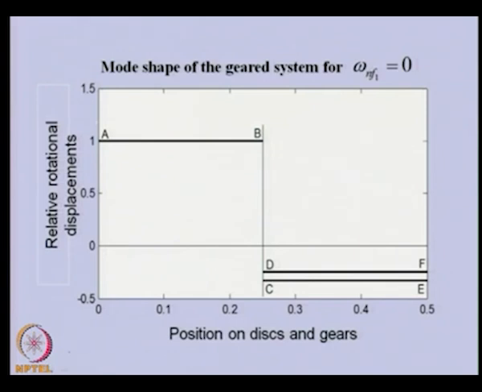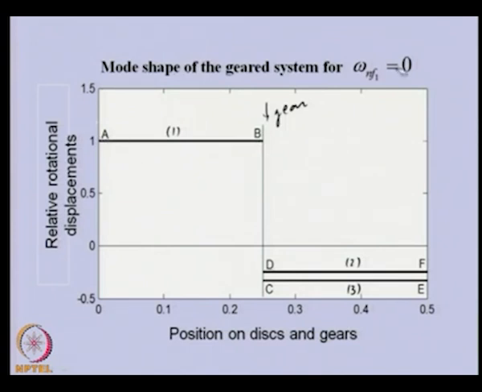So basically this is branch 1, this corresponds to element 1, this to element 2, and this to element 3. This is the position where the gear is connected.